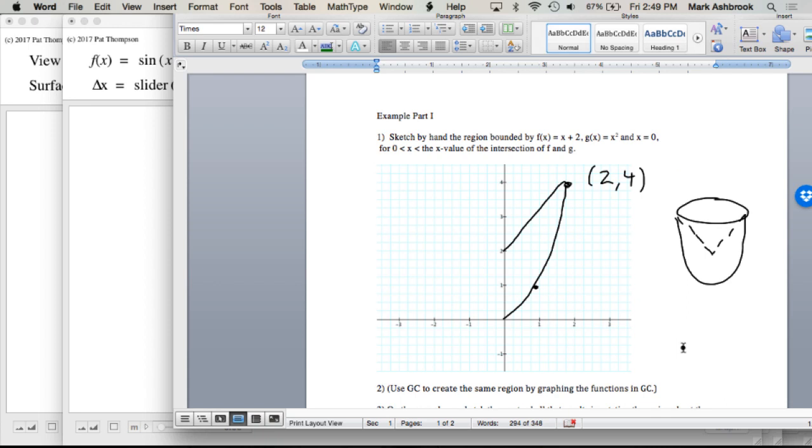So your empty shell will look something like this. And where's the empty shell? Is it in this top part here, or is it down in this bottom part here? Are we going to fill up this cone up on top, or are we going to fill up this kind of jug down here? Yeah, this is our empty shell down here. That's what you get for this region rotated.